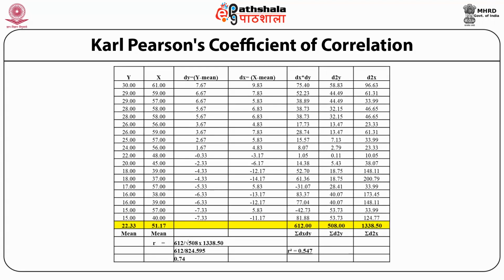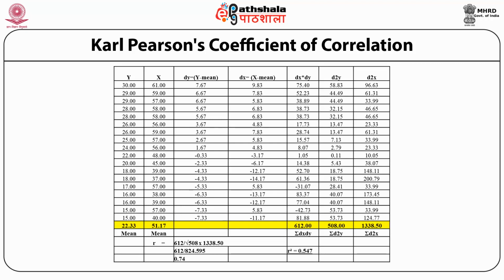Now in this slide you can see that there are two variables y and x, and you can calculate the mean value of y and the mean value of x. You can also calculate dy and dx by taking the deviation from the actual mean. Then you can calculate dx into dy.